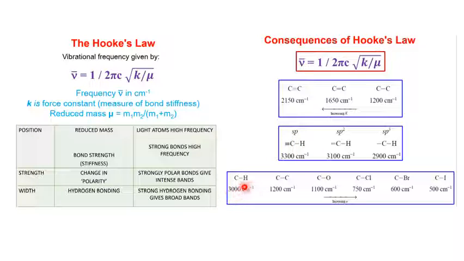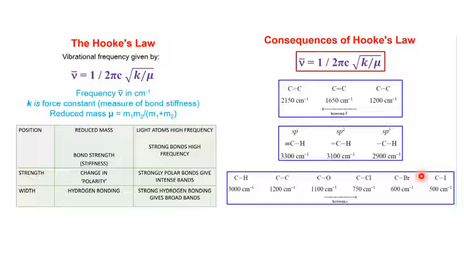Here you can see that by changing the atom from hydrogen to carbon, oxygen, chlorine, bromine, iodine, the frequency or wave number value gradually decreases from 3000 centimeter inverse to 500 centimeter inverse. This is because for the two atoms here, CH, CO, CCl, CBr, CI, the carbon is fixed. When you increase the mass of the second atom from hydrogen to carbon to oxygen, chlorine, bromine, iodine, the reduced mass increases.